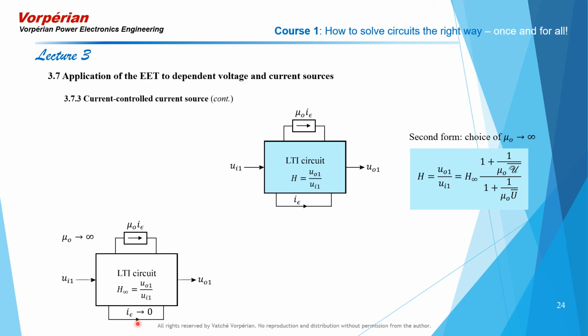And we compute the transfer function output over input, h infinity, under these conditions of this current having shrunk to 0 while this has gone to infinity. And this is our yellow calculation. Again, this is a simpler calculation than the calculation in this circuit because this is very similar to ideal op-amp circuit calculations.